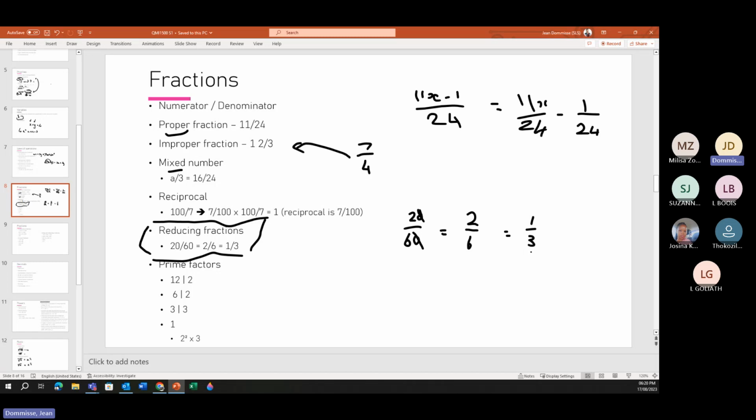It's nearly the same with improper fractions as well. Sometimes they give you the final answer as 7 over 4.